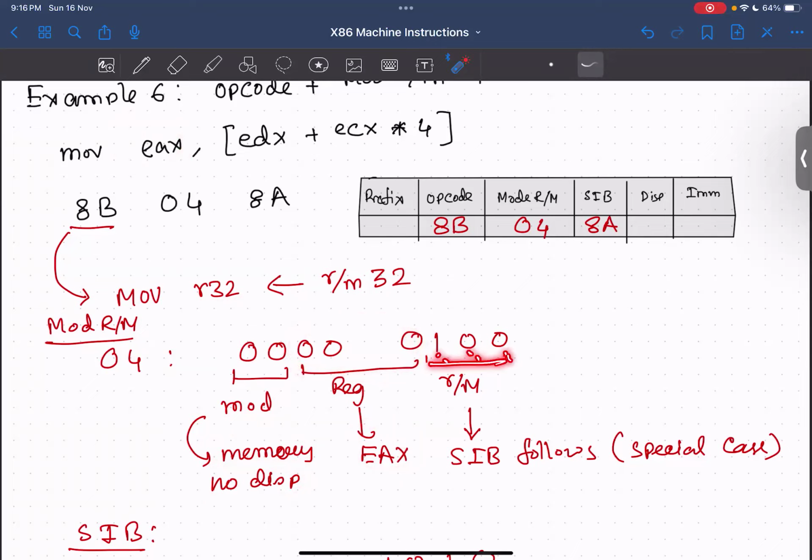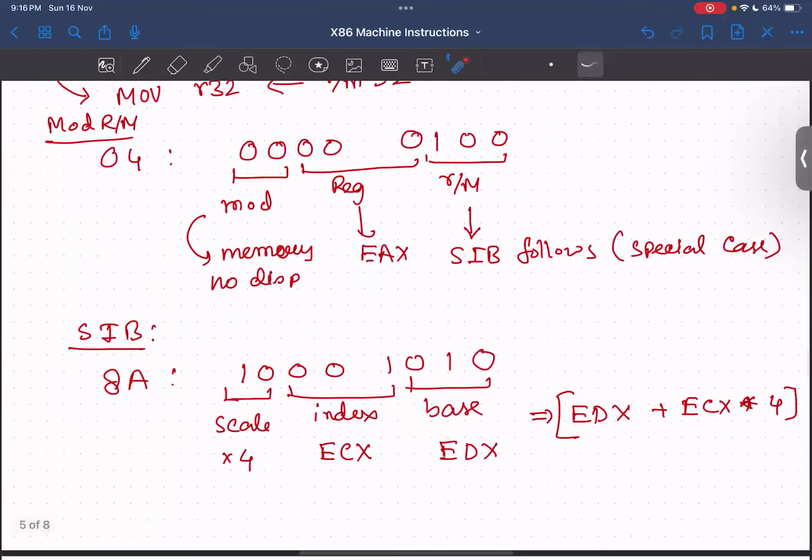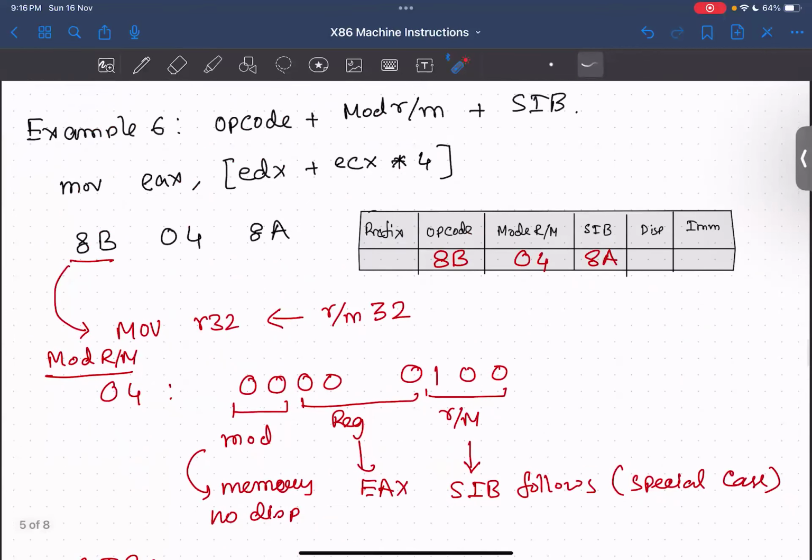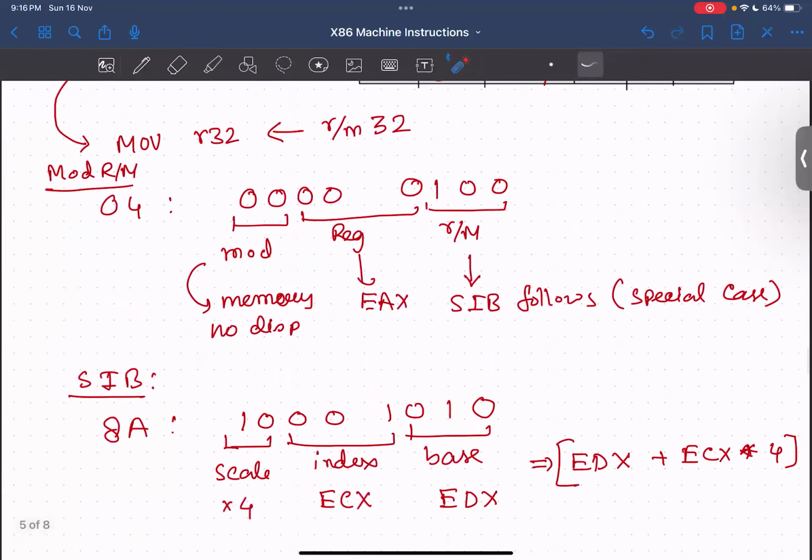You remember this was the special case which mentioned that some kind of scale index base is next. So from this, we know this 8A is supposed to be in SIB, not in displacement. Now let's expand 8A. The first two bits are for scale, which is 10, which is 4.